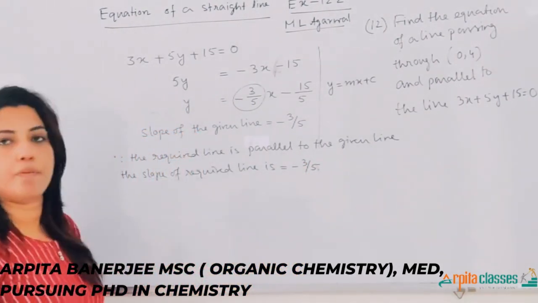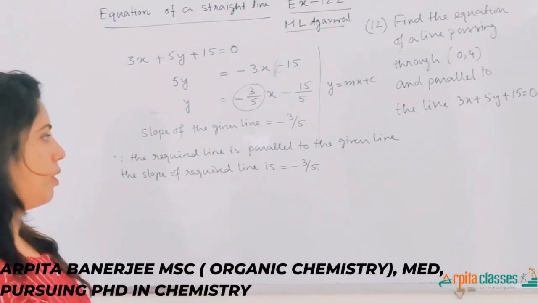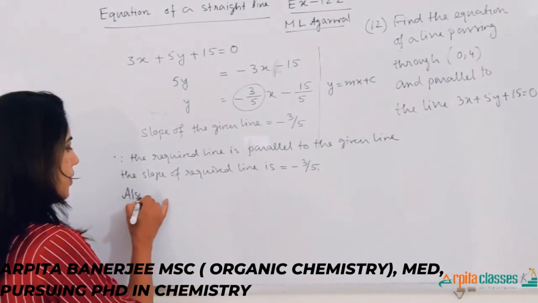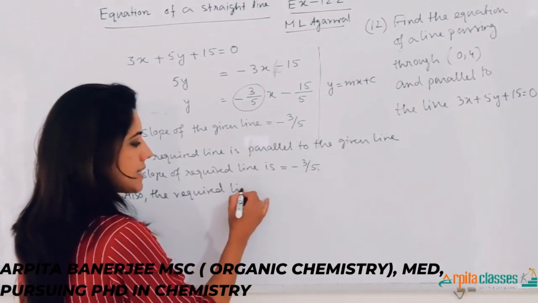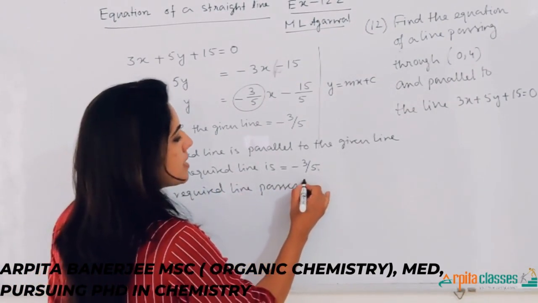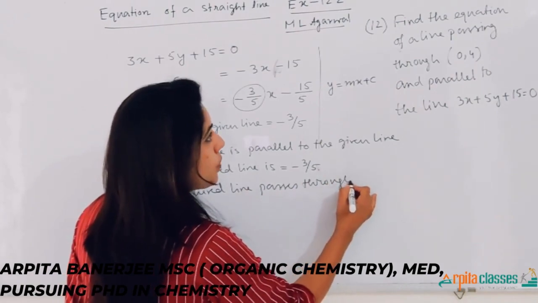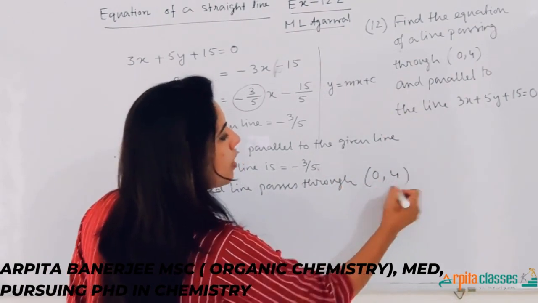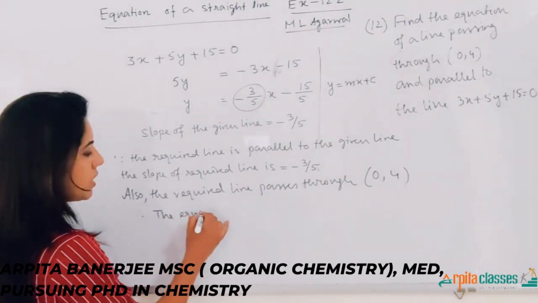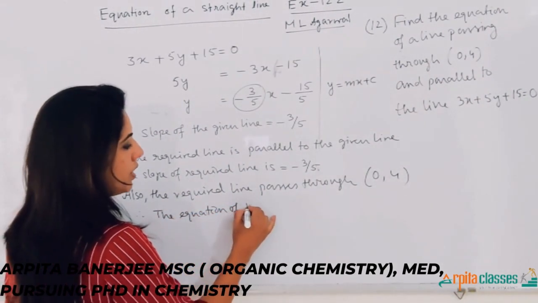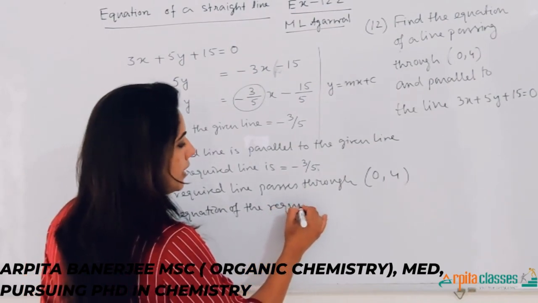Since it is parallel, therefore the slope of this line is also minus 3 upon 5. Also, the required line passes through which point? 0, 4. Right? Therefore, the equation of the required line.